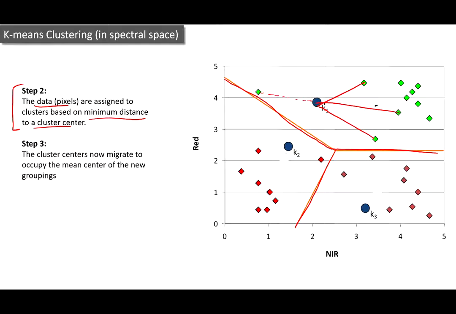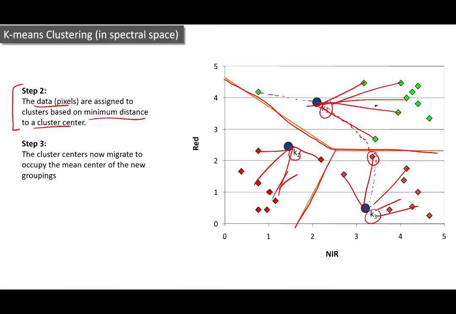All the green pixels are assigned to this particular cluster right now. These are all assigned here, and these are all assigned here, because it is less distance to get down to K3 from this pixel than it is to get up to K1. So that's the minimum distance. These pixels are now classified as K3, K2, or K1.